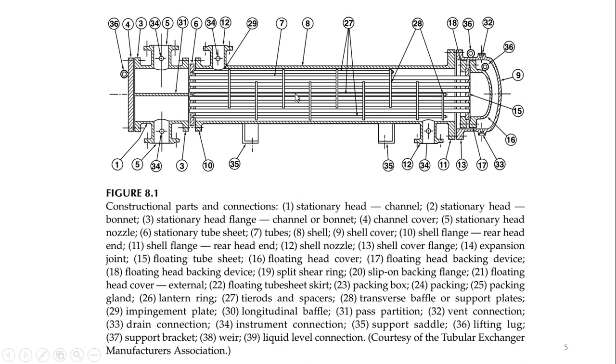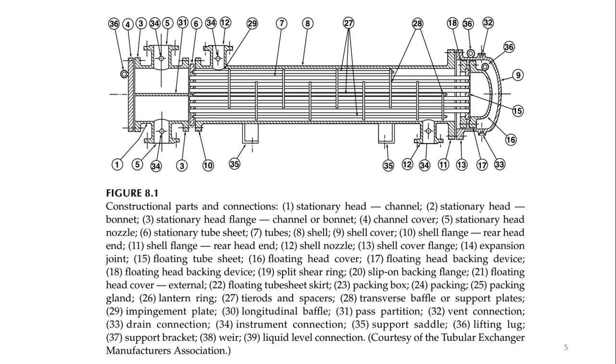The arrangement of the tubes and the tube layout, such as the type of pitch that I will explain in the upcoming slide, has a great influence on the heat transfer coefficient as well as the pressure drop calculations. I will also explain the different kinds of tube layouts and the different shell types in the upcoming slide. So go through it. These are the 39 components that are labeled in this shell and tube heat exchanger.